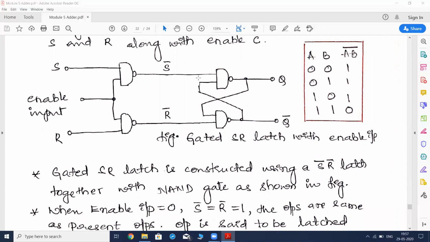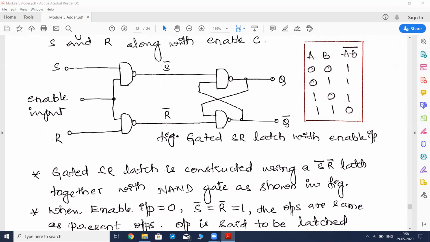This is the construction of the S bar R bar latch. It is constructed using NAND gates, and it is actually two stage. Here we have two NAND gates, and to these NAND gates we give the inputs S and R. One of the inputs to these NAND gates will be the enable input.